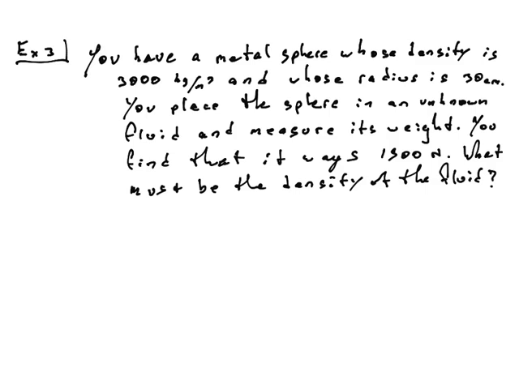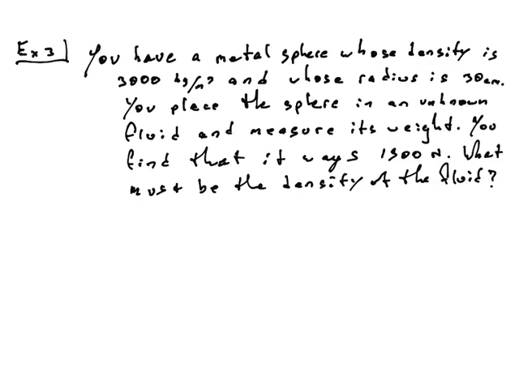So this is nice. This is a different problem. Of course, in actuality, it's the same problem as we've done before, except we're trying to find something different. We're trying to find the density of a fluid, but what do we know? The situation is you have an object, you put it in the water, and you weigh the object while it's underwater, and you find it has a certain weight.